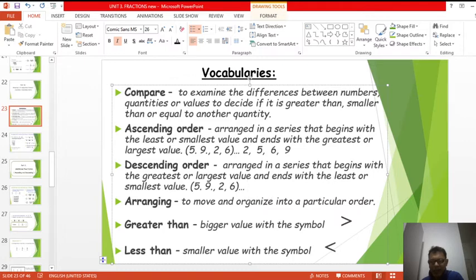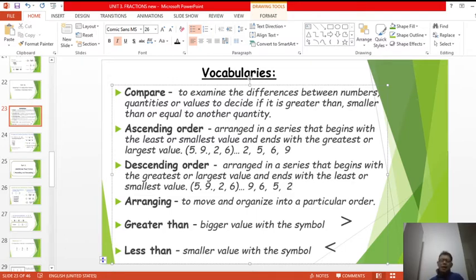So it'll be 9, 6, 5, 2. That is the meaning of ascending and descending.